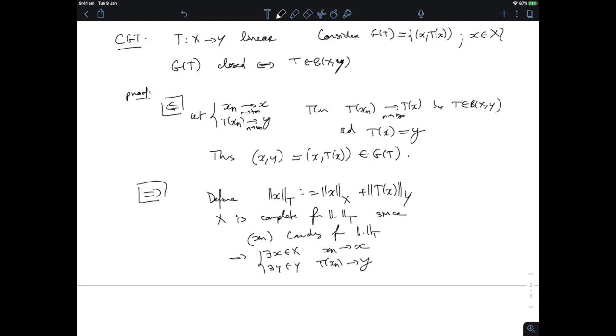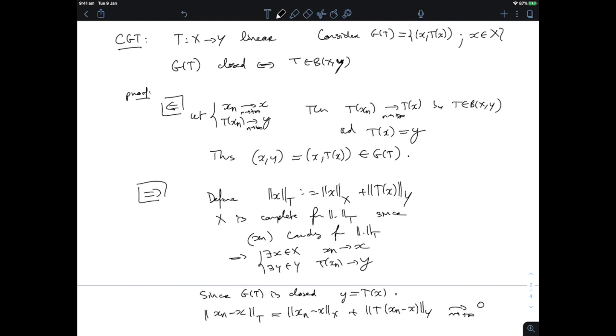But because the graph is closed, y has to be T(x). That tells me that if I look at x_n minus x in the T norm, I get the norm of x_n minus x in X, which goes to 0, plus the norm of T(x_n minus x), but T is linear. In the Y norm, T(x_n) goes to T(x), and so this entire thing goes to 0 as n goes to infinity.